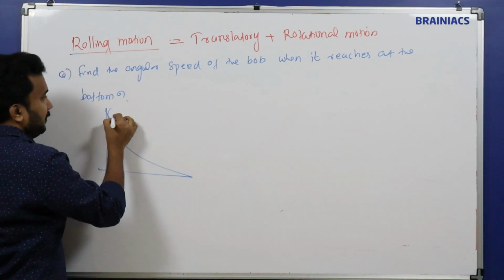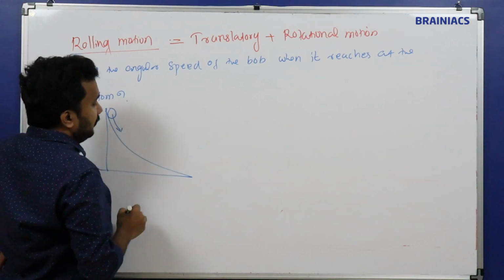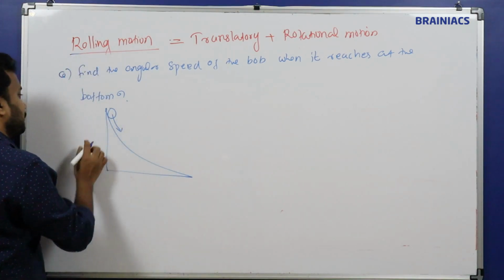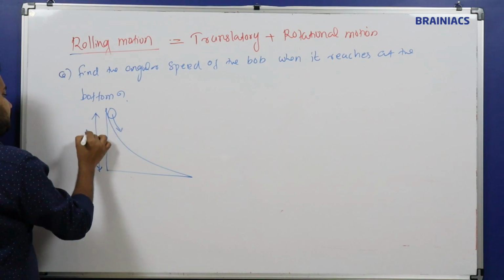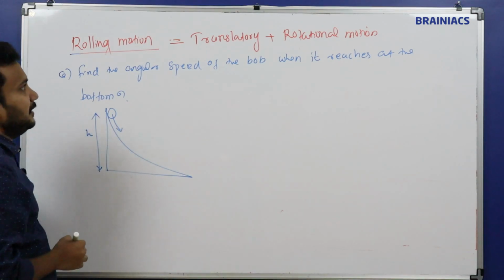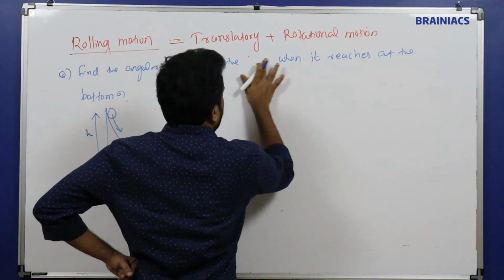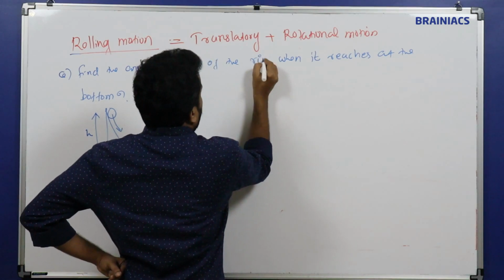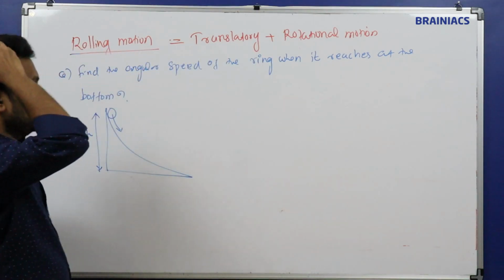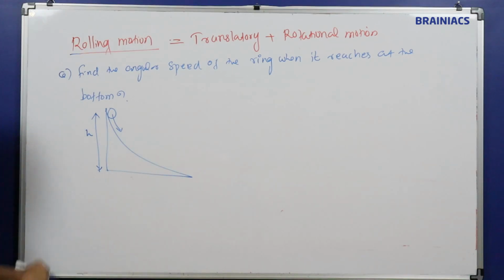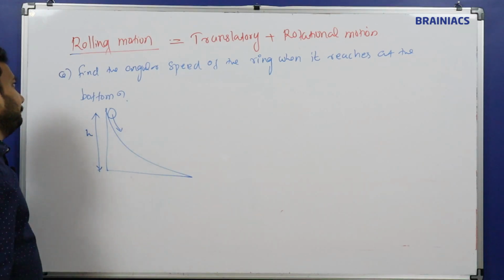We have a diagram like this and it's falling down, from a height of h. Find the angular speed of the ring when it reaches the bottom; moment of inertia we can consider.